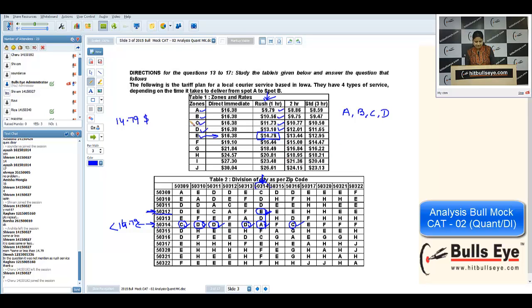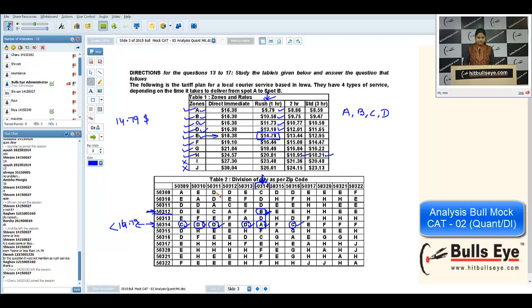Can he say, I can use A, B, C, D, E, F, G, H as well, because in H, $18.95 and $18.21 are also mentioned. Since type of service is not mentioned, I can consider anything. So I cannot use I and J. I can use anything from A to H.